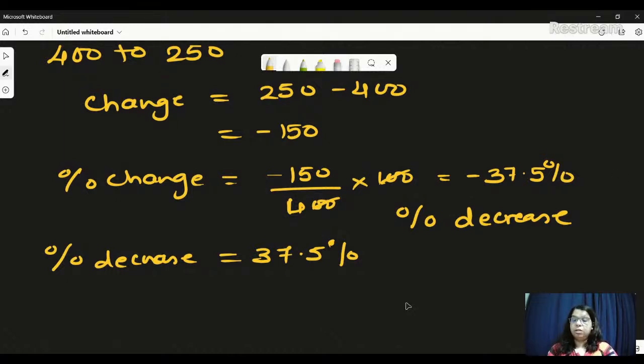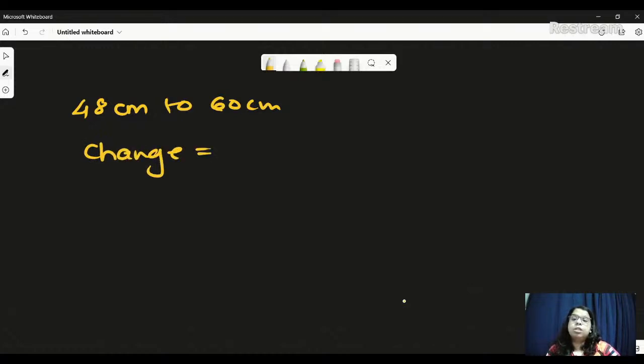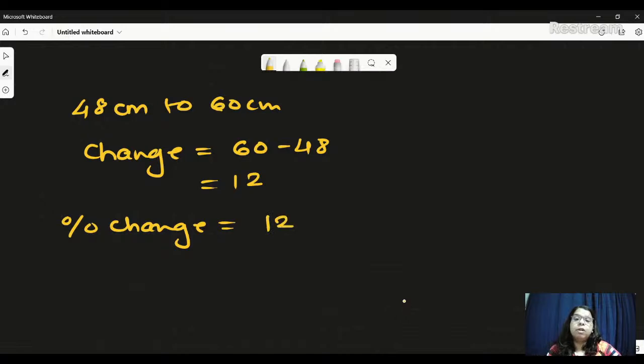Let's say a quantity increases from 48 centimeters to 60 centimeters. What is the change here? Change is equal to 60 minus 48, which is equal to 12, and then percentage change is going to be 12 divided by original value 48 multiplied by 100.